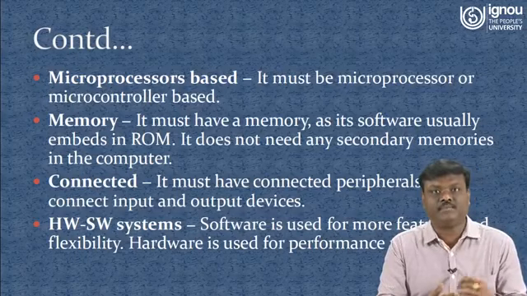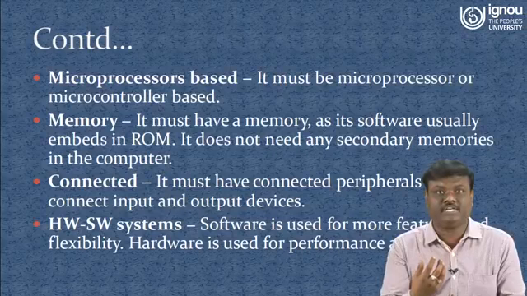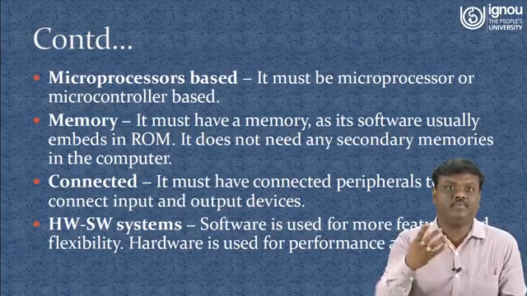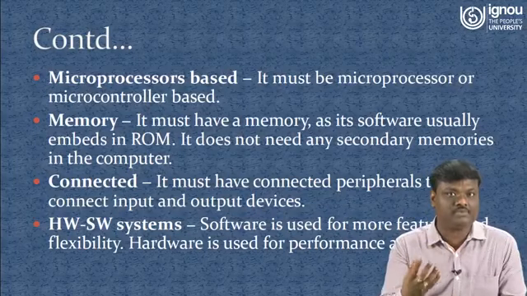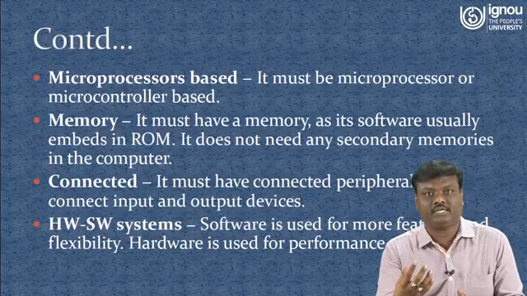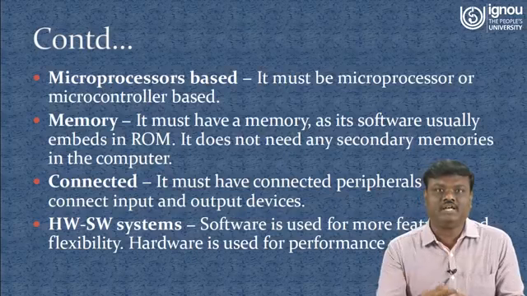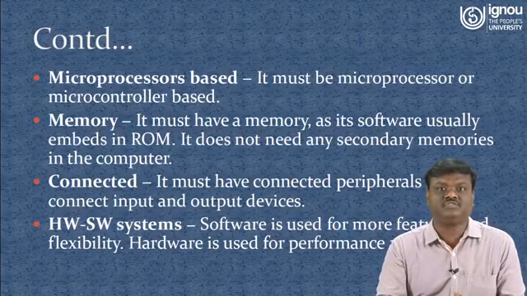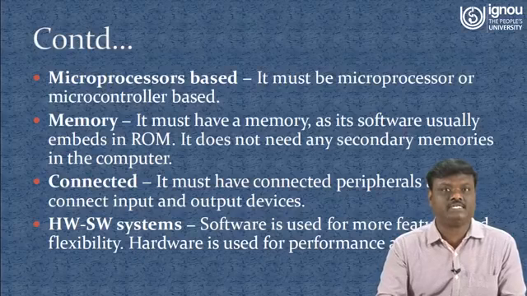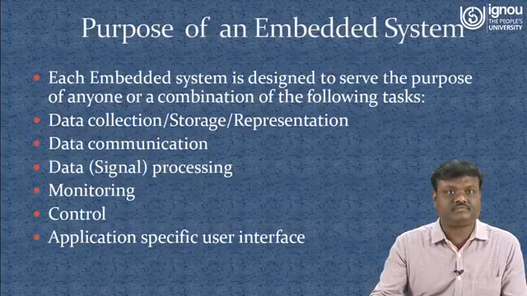There should be some parameters coming in, and those parameters will be monitored depending upon the program fed into that particular embedded system. Then it should react to those parameters. In hardware and software systems, software is used for more features and flexibility. Hardware is used for performance and security.